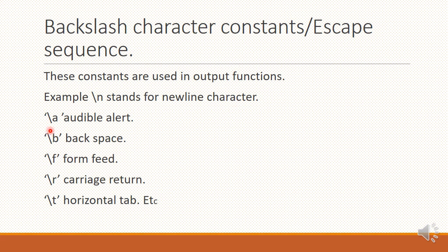Okay. Similarly, whenever you want some audible alert, then we use this one, and this is called the backspace character. This is called the form feed. This is called the carriage return, and this is called the horizontal tab.